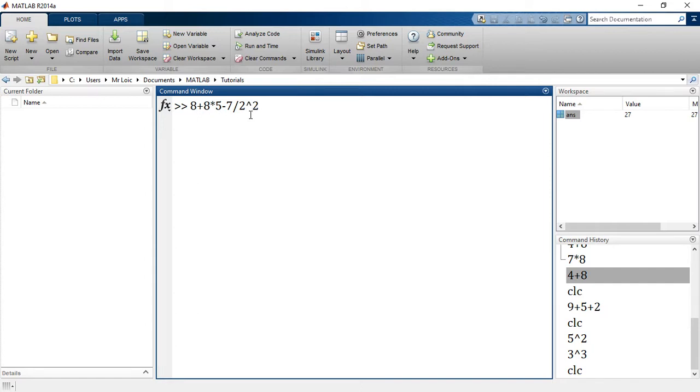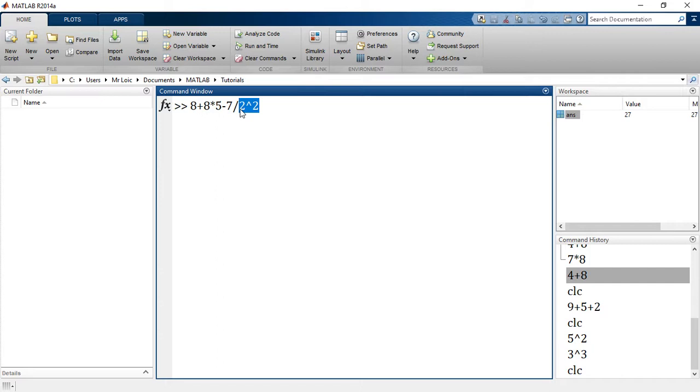Let's look at this. MATLAB will obey the BODMAS principle. It will look: is there any bracket in this expression? No, there are no brackets. Good. Then, is there any exponential in this expression? Yes, there is 2 to the power 2, right? So it will do this first to give us 4.